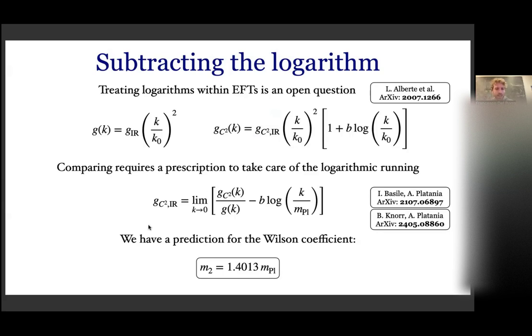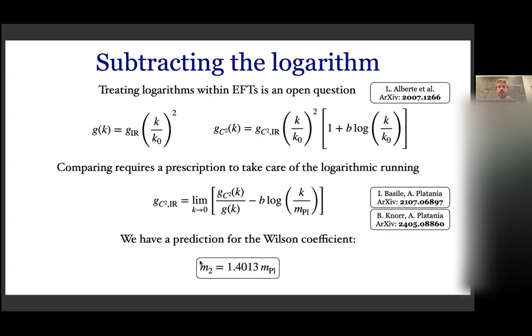But anyway, in this case we operated like that, following the prescription described in this paper, and we subtracted the logarithm by hand, fixing the scale determining the fixed point regime to be the Planck mass, and we obtained a finite result by operating this limit here. The finite part that remains identifies the Wilson coefficient.